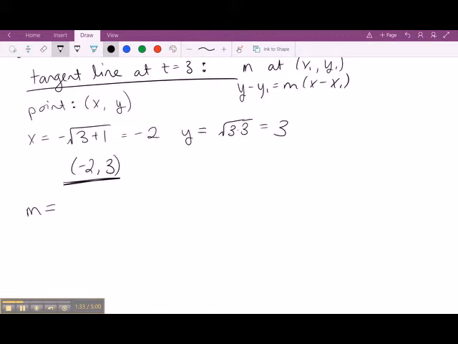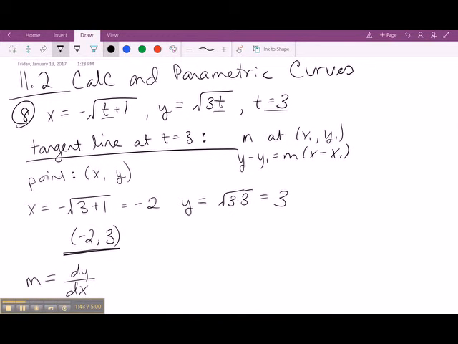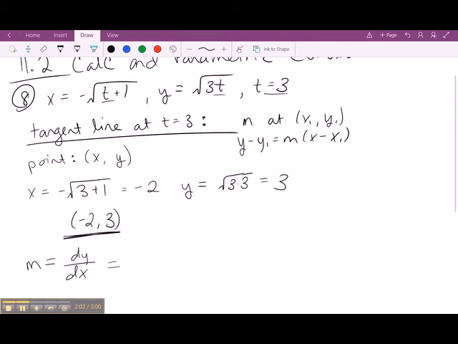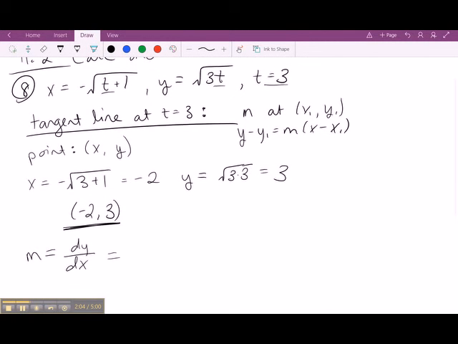We have been defining the slope of a line as the derivative of the graph at that point. Well, the derivative is dy dx. It's kind of problematic when we have x in terms of t and y in terms of t, because if we were just to take the derivative of x here, that derivative is in terms of t. If we take the derivative of y, that derivative is in terms of t. But we can use that with the parametrically defined ones, because they are defined in terms of t, and they both are that way.